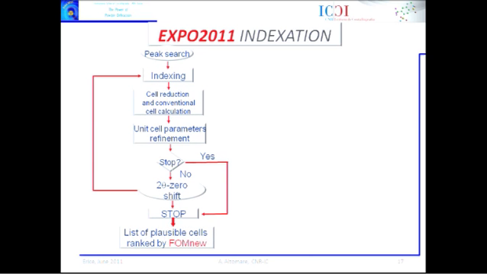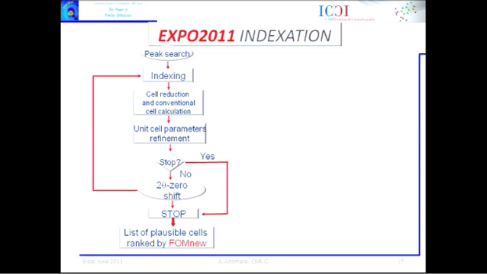In these slides, we see the automatic indexation procedure by EXPO 2011. So, after the peak search, the list of the d-values is available, indexation is executed, a list of possible cells is obtained, the cells are then transformed into conventional cells, and then the cells are refined.